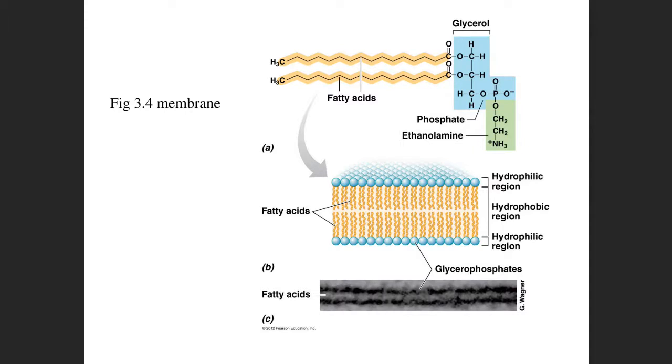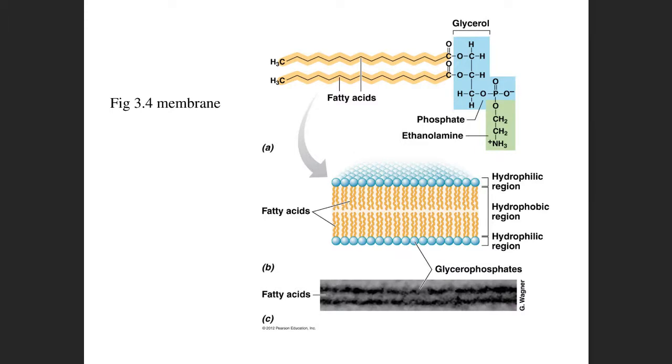Regular lipid is what? Oil, right? Fat. And the difference is the regular lipid or the oil has 3 fatty acid chains instead of 2. So the oil then has the hydrophobic region because fatty acid likes to stay with fatty acid, right?